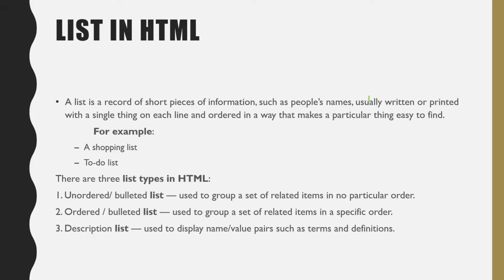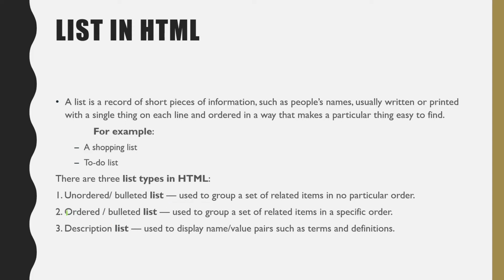Lists in HTML. Basically, there are three types of list in HTML. The first one is the unordered or bulleted list, which means it does not have any specific order.